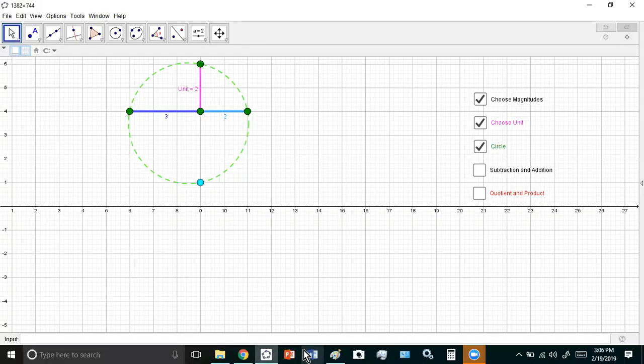Now, you'll recall that I showed you this diagram here with a circle, right? And I also showed you how you can do multiplication mainly.